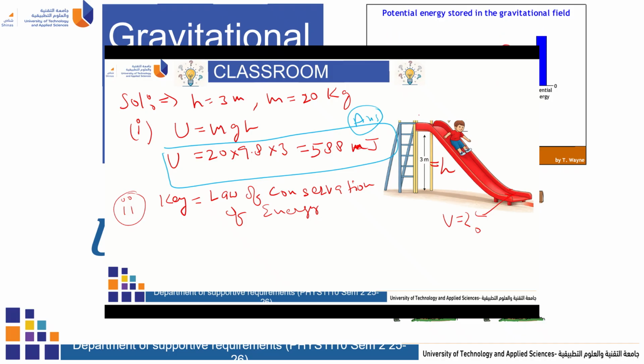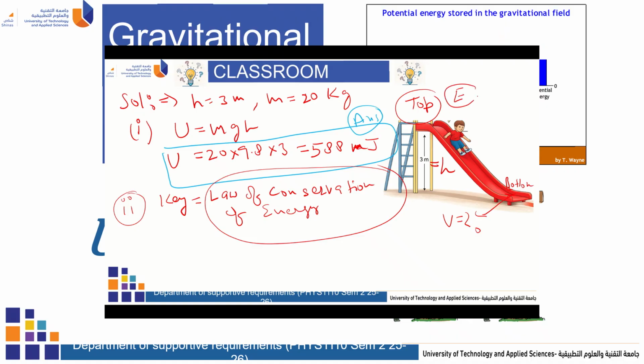For one system, this is the top of the system, and this is the bottom of the system. According to this information, the law of conservation of energy tells us what type of energy is here and in which form also.